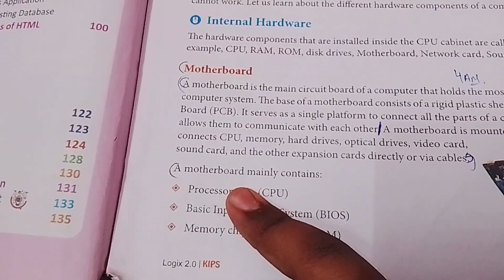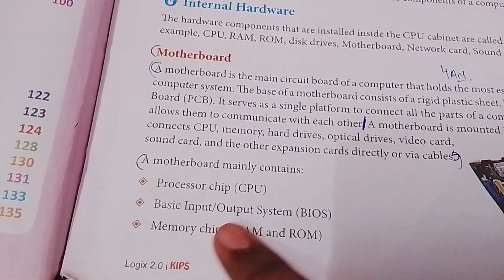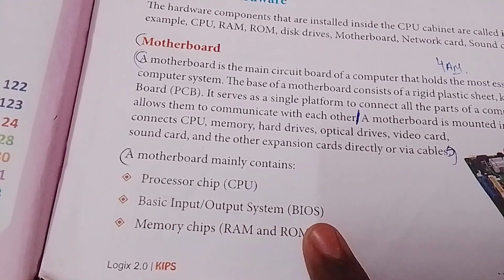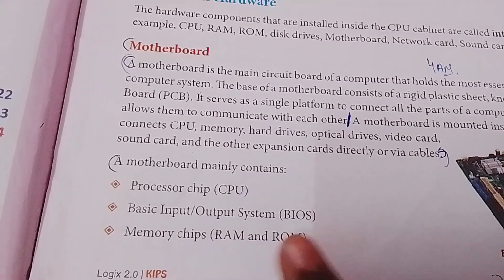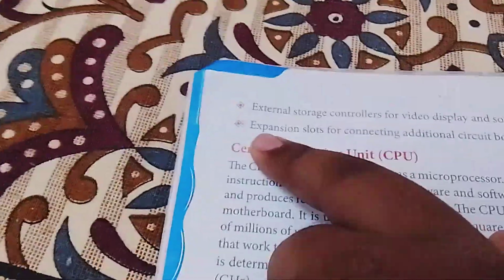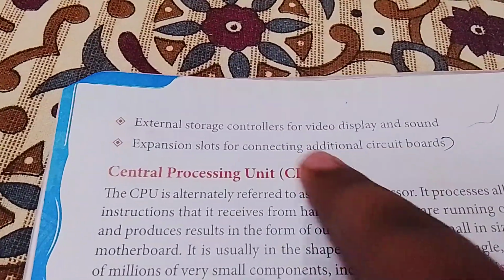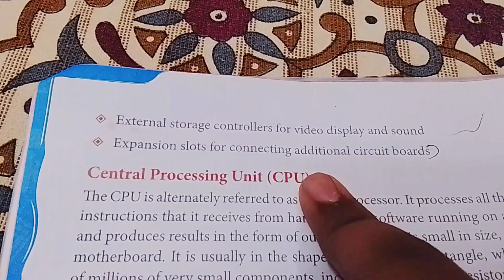A motherboard mainly contains a processor chip, CPU, basic input output system, BIOS, memory chips, RAM or ROM, external storage controls, controls for video display and sound, expansion slots for connecting additional circuit boards.